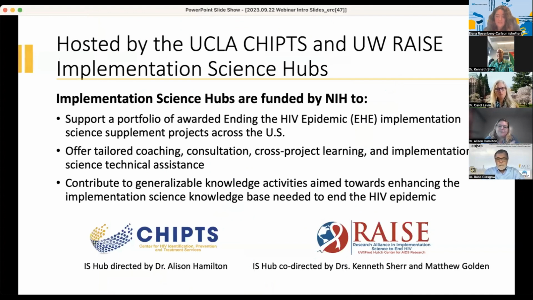You'll hear a bit more about them in just a moment. If we could go to the next slide. So just to give you a quick overview of these hubs, these are two hubs represented here on today's session, based at UCLA and University of Washington. These hubs are funded by NIH to support a variety of supplement projects that are all oriented toward ending the HIV epidemic.